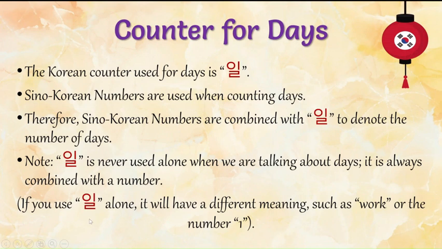Because if we use il as a standalone word, then it will have different meanings. For example, it can mean work, or it can also mean the number 1 in the Sino-Korean number system. So remember, you are not going to use il as a standalone word for days. It is always used as a counter and therefore it is combined with a number.